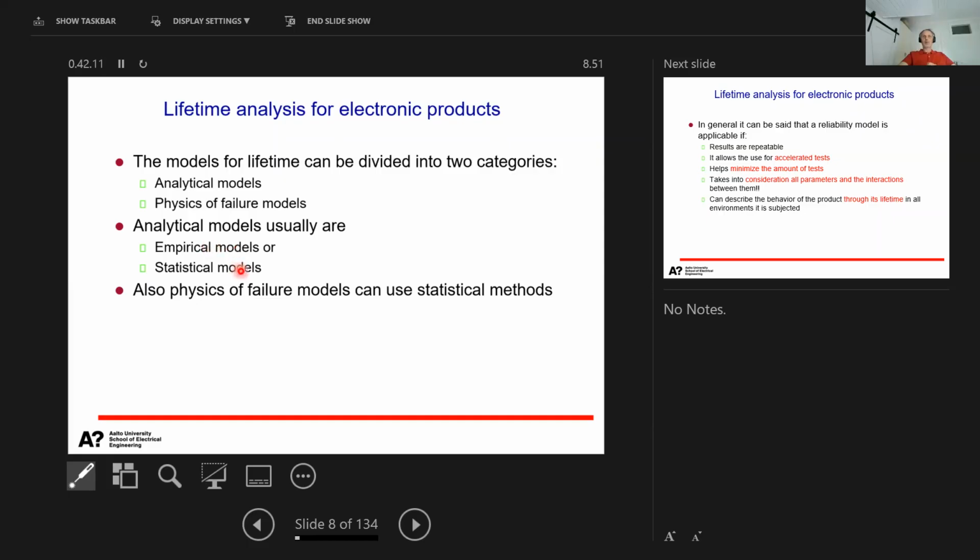So the model may describe the reliability or failure correctly inside certain boundary conditions. So when, let's say again, the mechanical tensile stress is between certain values, but when you exceed it, then the failure mechanism changes, and then it can give you completely wrong results.